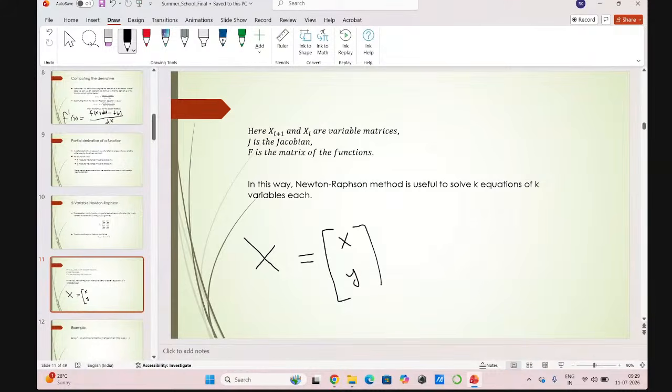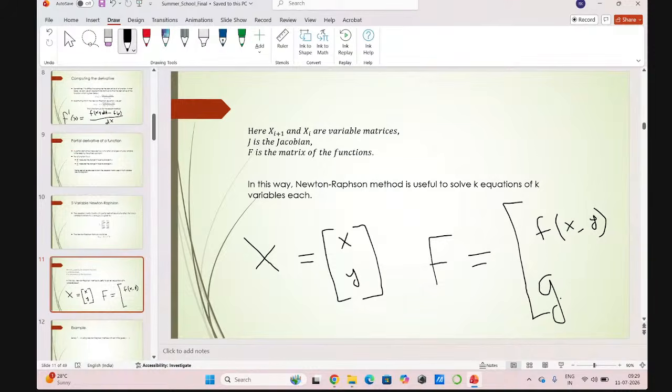This is the representation of the variable matrix X. And this is how we represent the function matrix.